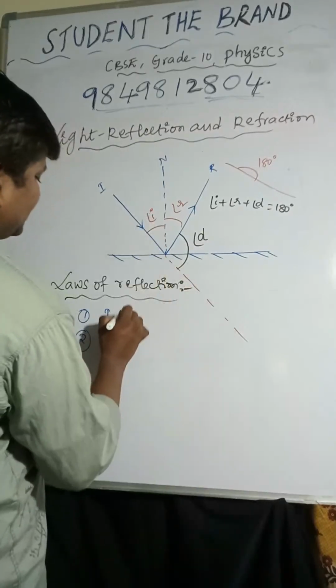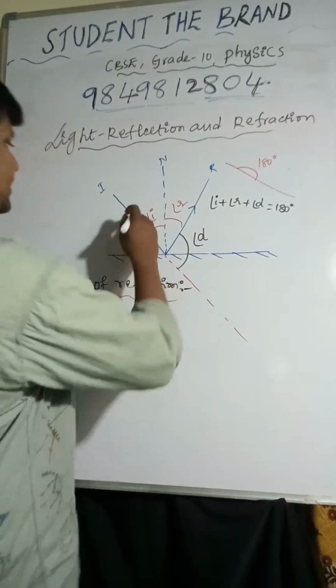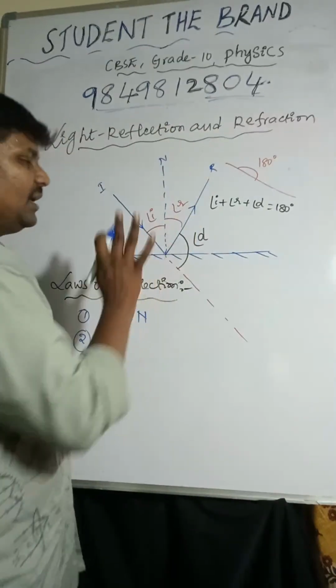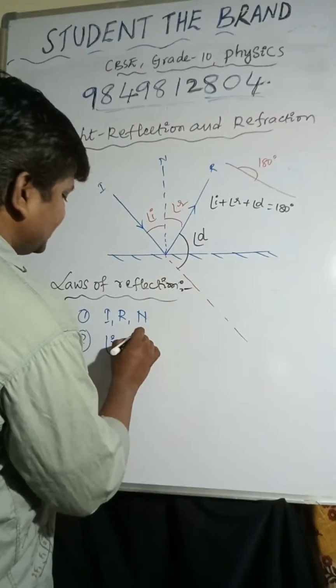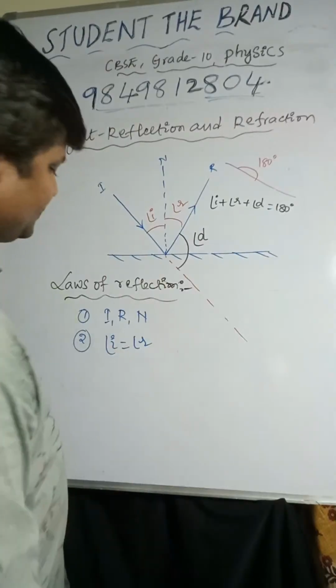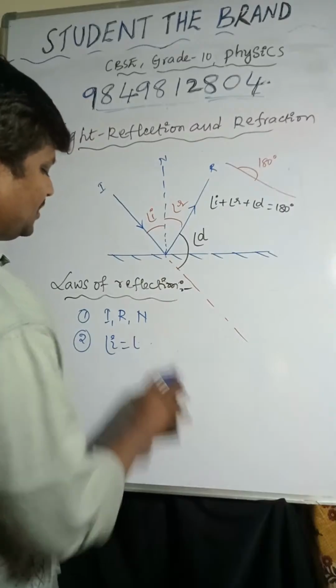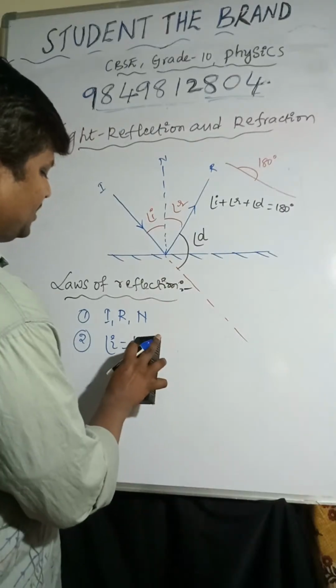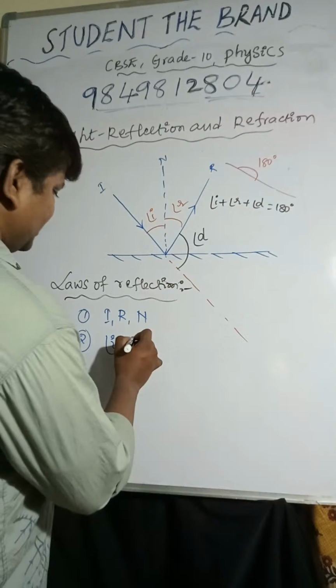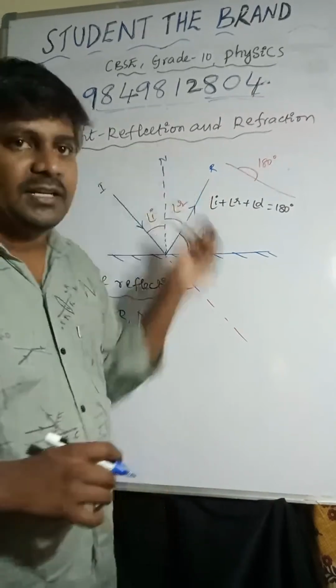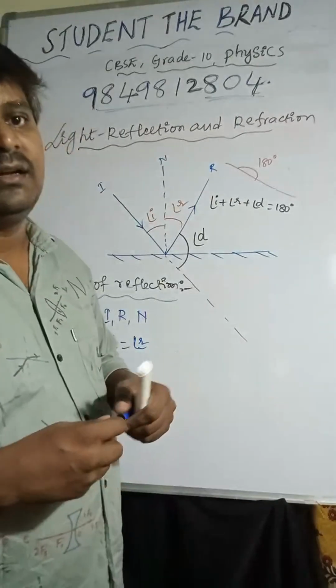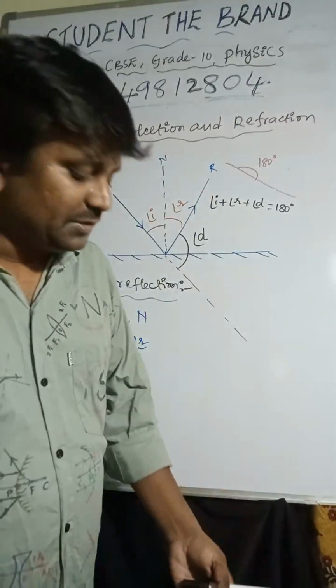It is the same formula, but written in the second one. Only then can we get the angle of incidence equal to the angle of reflection.